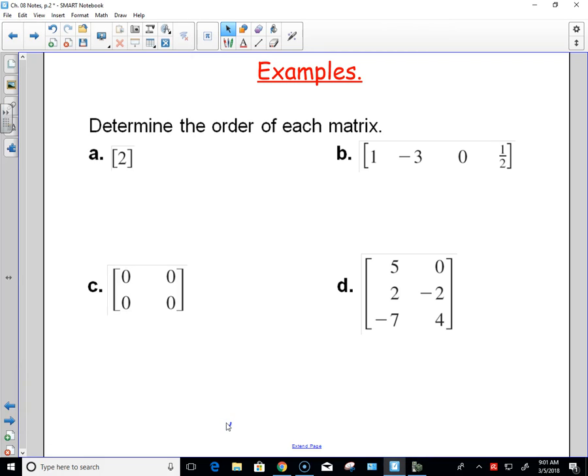Ready, set, go. Let's see if we can get them all right, or at least the majority of them. Worst comes to worst, you can always test it in your calculator after. But the number of rows first, then the number of columns.